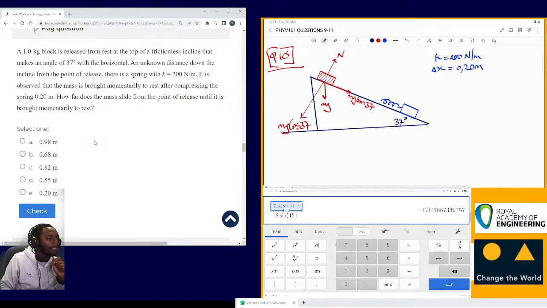It is observed that the mass is brought to rest after compressing. Which means it's going to move from this to probably this point.